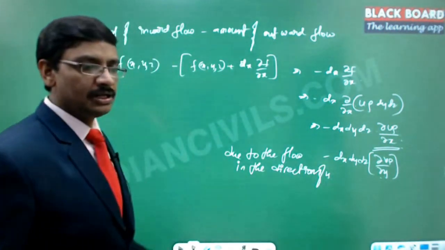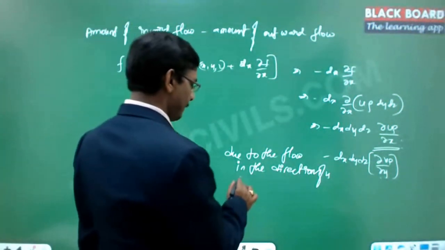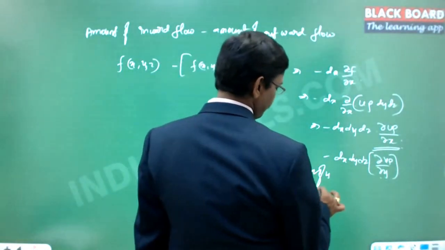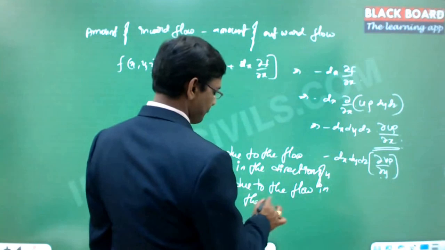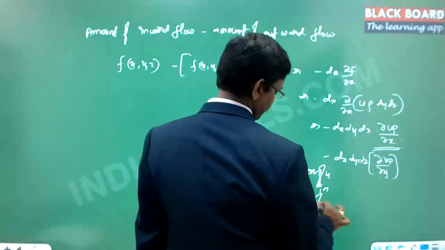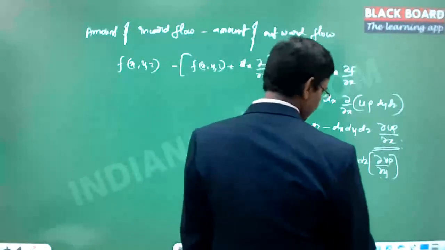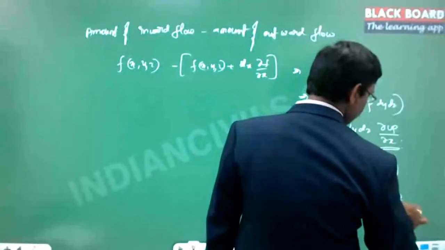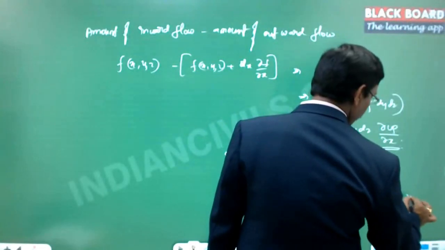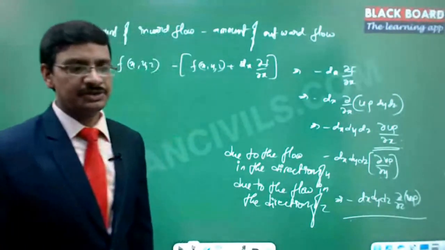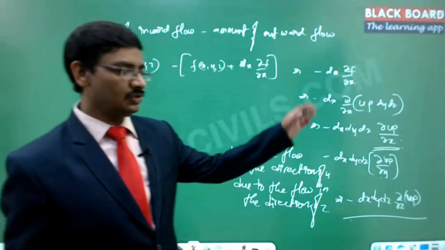Similarly, due to the flow in the direction of z, this value is expected as minus dx dy dz dou by dou z of w into rho, where w is the velocity in the direction of z. So like this you can add it.